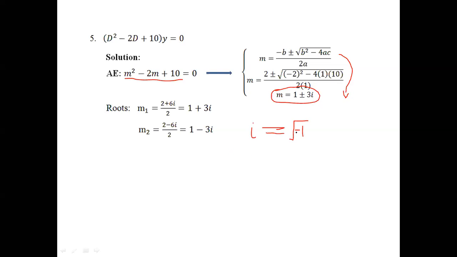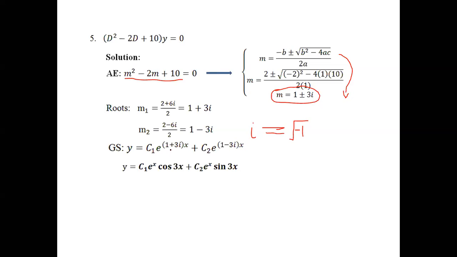In electrical engineering, we use the letter J. In circuit analysis, since every one of you does circuit analysis, we expect that you should have come across a J in electrical principles. Then the general solution is C1 e to the complex power multiplied by x plus C2 e to the complex power multiplied by x.